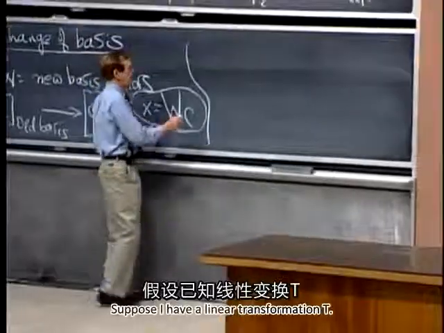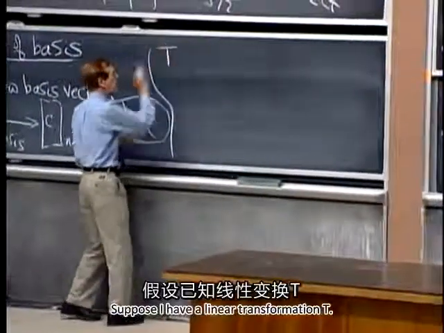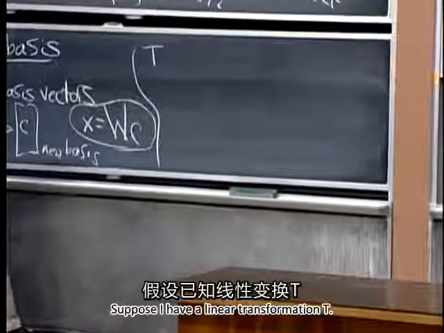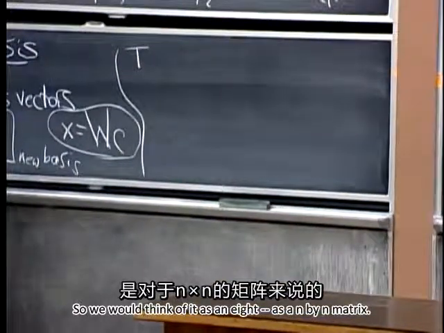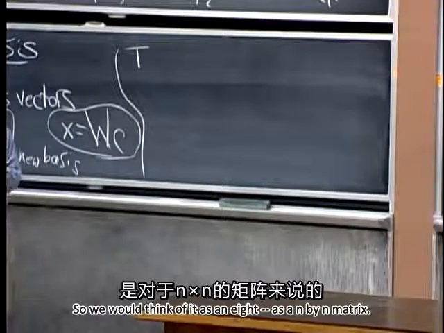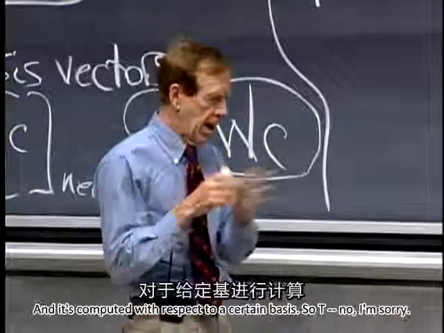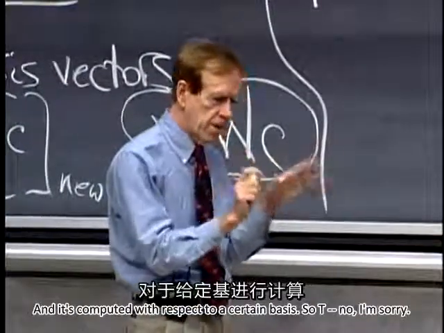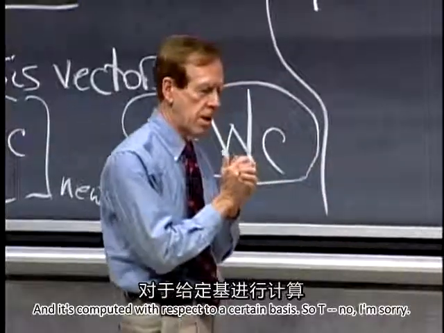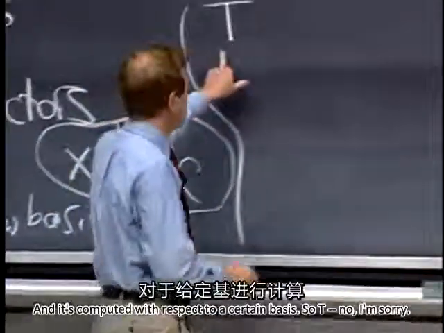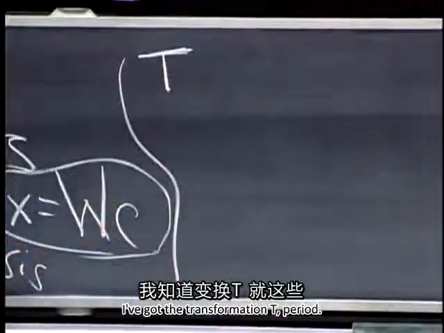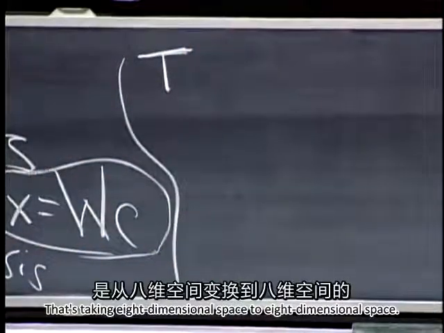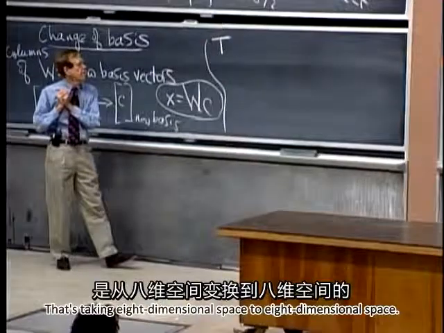Suppose I have a linear transformation T. So we would think of it as an n by n matrix, and it's computed with respect to a certain basis. So I've got the transformation T, period. That's taking 8-dimensional space to 8-dimensional space.